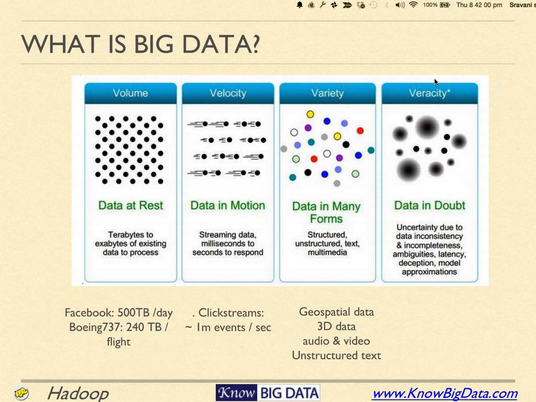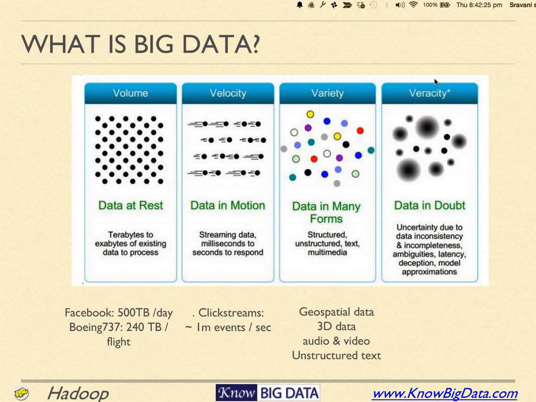So for solving such kind of problems, for handling such kind of complex data, you require a different set of tools. You require a distributed system which can solve your problem parallelly on multiple machines. And that's why the variety of problems can make any small data problem a big data problem.